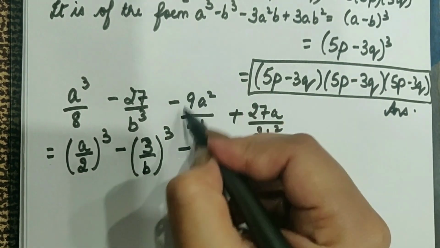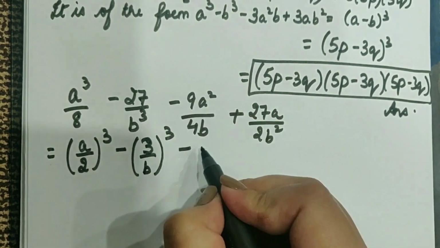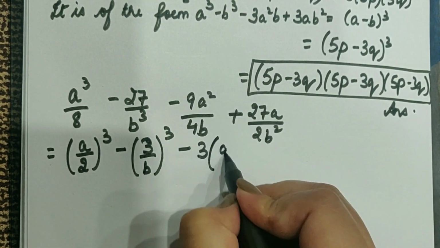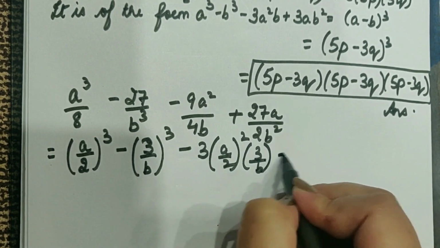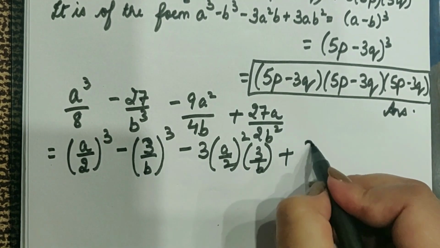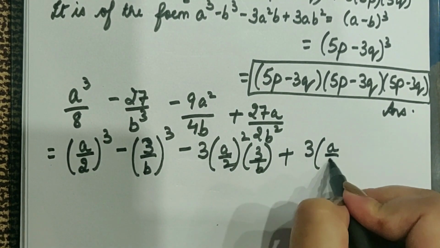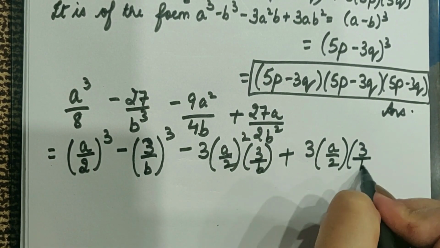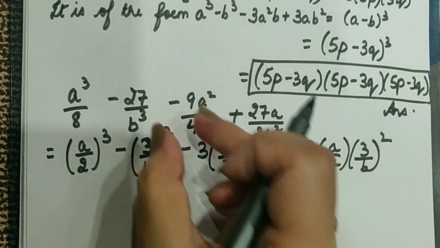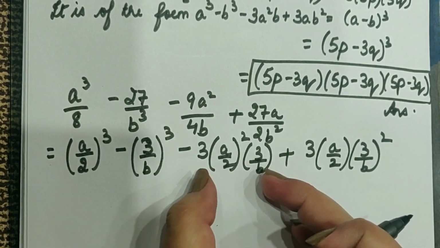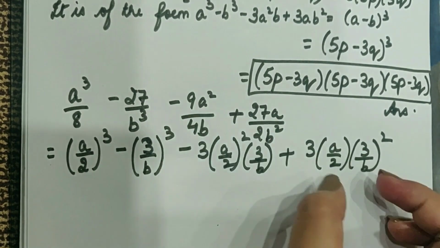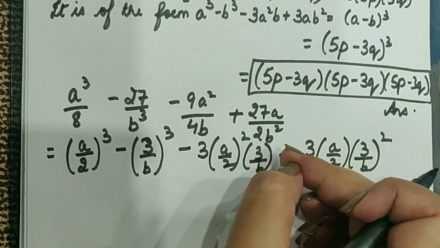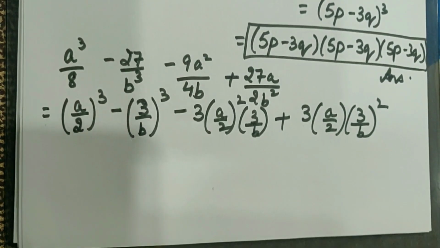So this will be the form of minus 3a^2b, 3 into a^2 into b, plus 3ab^2, 3 into a into b^2. You can recheck, it would be 3(a/2)^2 into 3/b for this term, and this would be 27a/(2b^2).